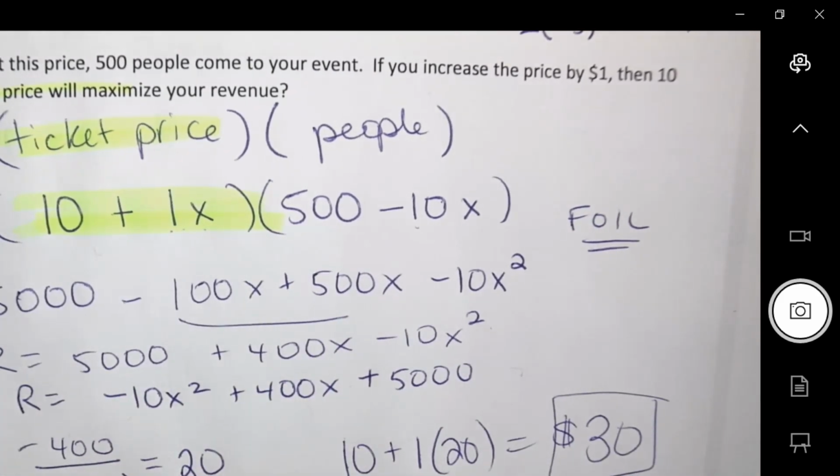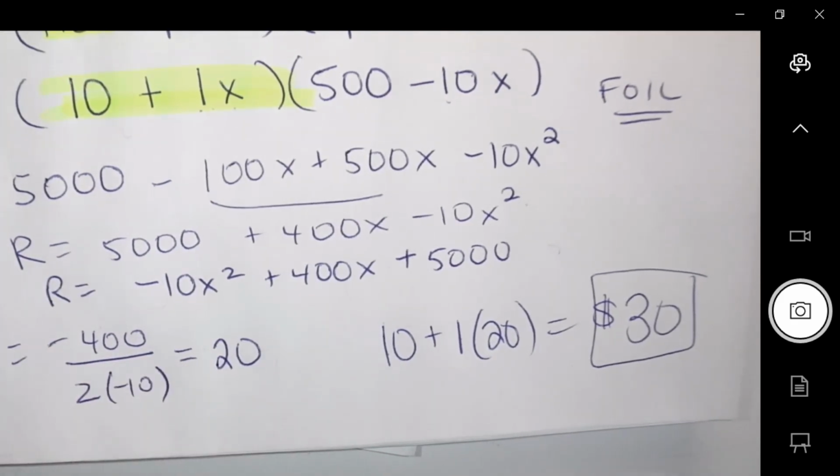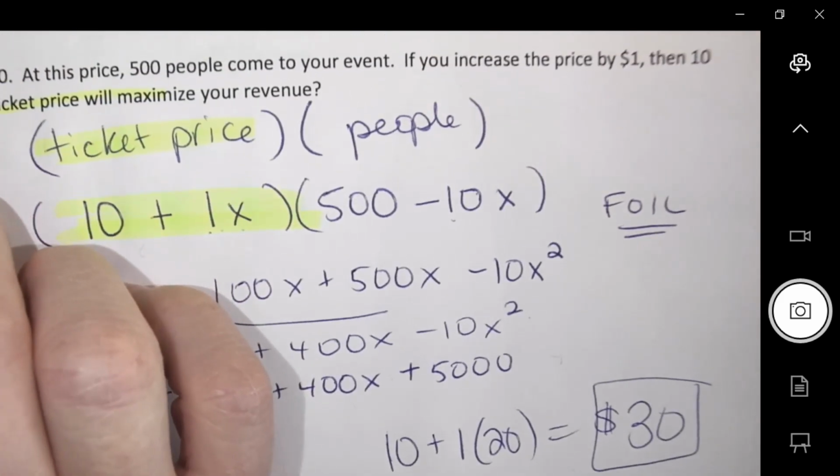I'm going to sell a $30 ticket. Okay? And that's the end. I don't have to plug in 20 because if I do, it will tell me the what? If I plug 20 in to the equation, it would tell me what? The revenue. So if my question says what is the largest revenue, you plug that in then, right? But this question just said what's the ticket price?